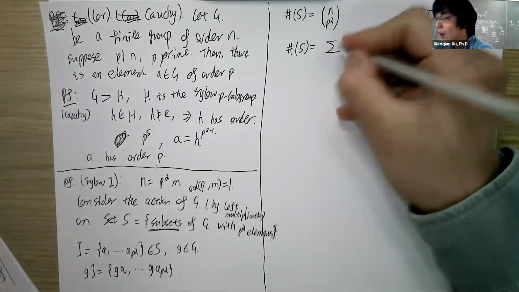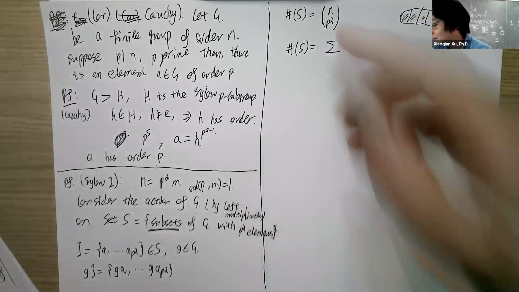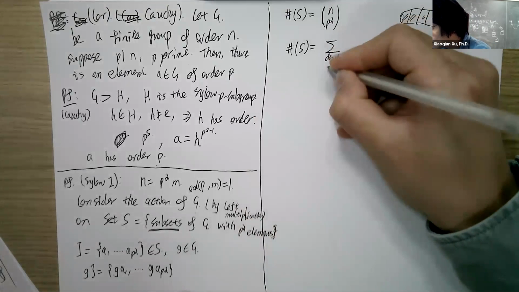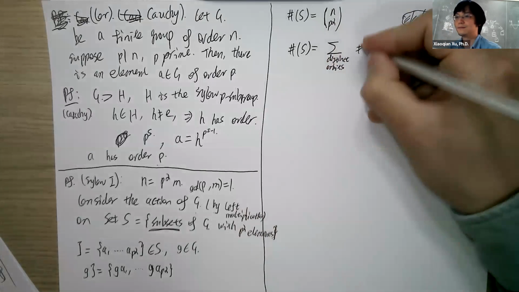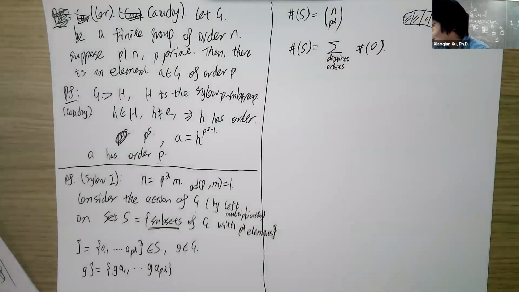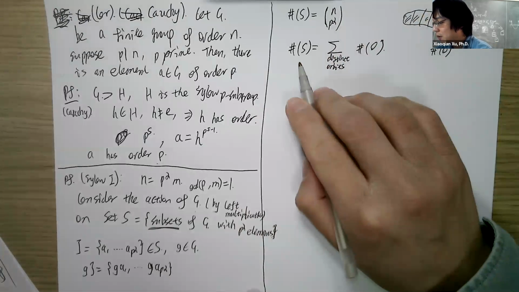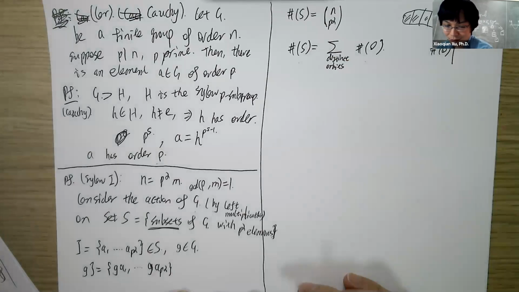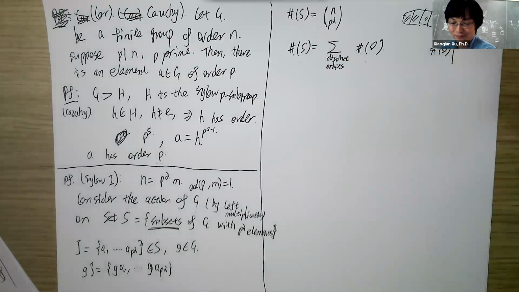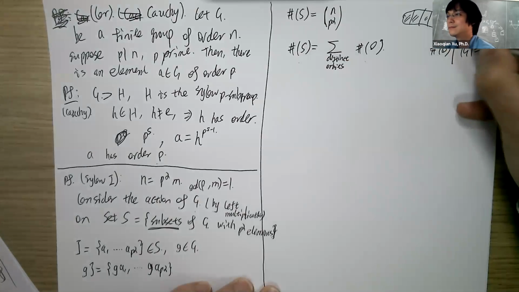So we have a decomposition of the number of elements of this set by the number of distinct orbits, and moreover, each orbit size is a divisor of the order of G, or n.